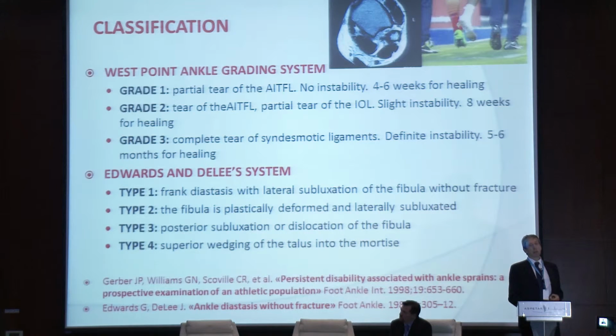You see here the West Point, the Edwards and Dilly. You can use the classification you like. The difference is that if the distance between tibia and fibula is not enlarged, you don't have great problems. The problems come out when there is a big enlargement, and the ankle functions only if the joint is very tight. Otherwise, you risk problems.